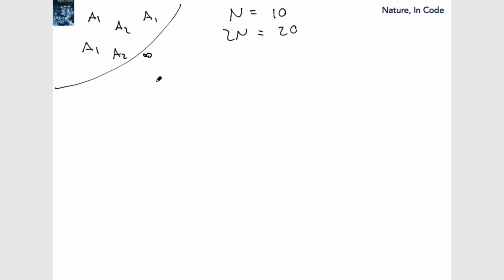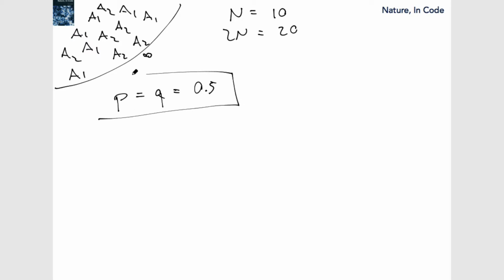In fact, we'll start with the assumption that the A1 allele is as frequent as the A2 allele, which means they're both 50%. And so I could, of course, go on here all day and draw A1s and A2s. But that's the important point, right? So now I'm going to create the next generation. What does that mean? That means I have to pick 2n alleles.